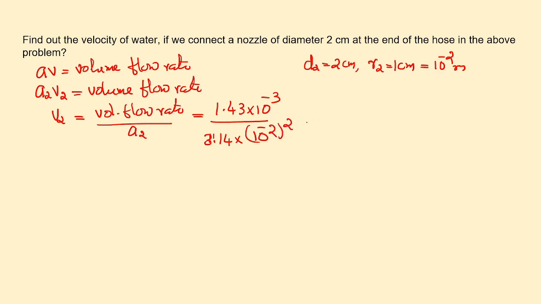You can calculate and see. So after the calculation, you can find that the velocity at the nozzle is 4.55 meter per second.